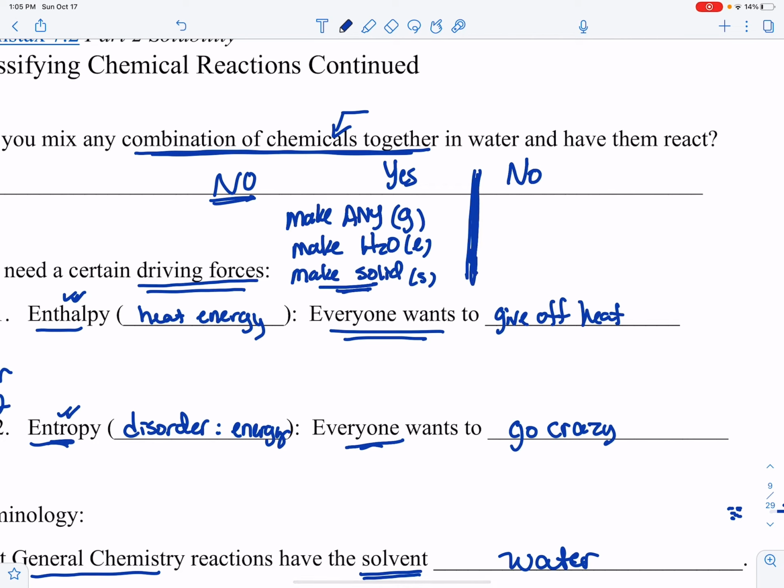So how do you know when you're not going to have a reaction? When you have an AQ, this almost always means that you are not going to have a reaction. The only exception that will go is if you make compounds that do not dissociate.